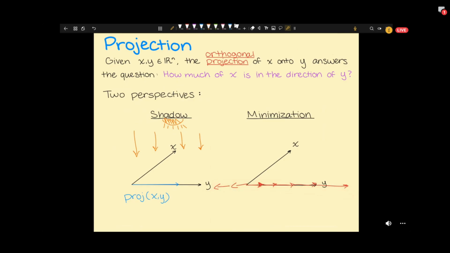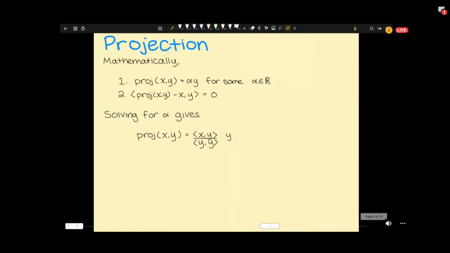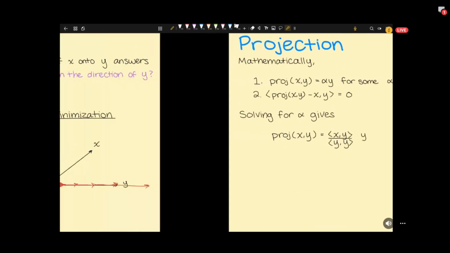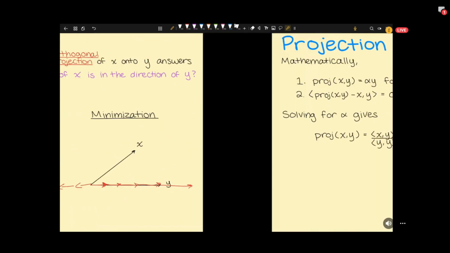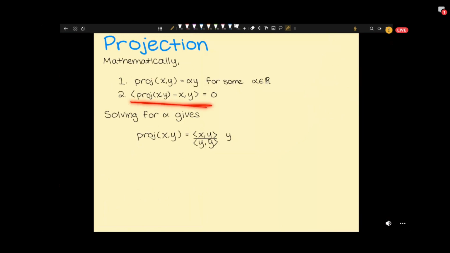This is one piece of information we have. And the other piece of information is that the vector between x and the projection is going to be orthogonal to y. That's what this is encoding here, that the inner product between these is 0, meaning they're orthogonal.